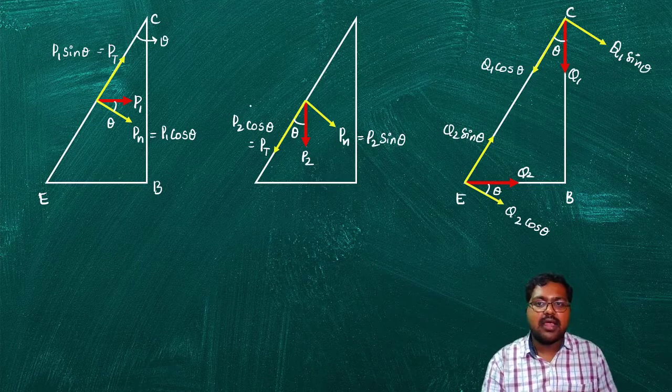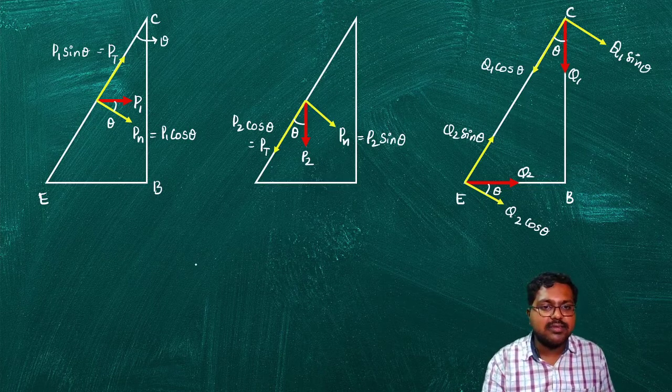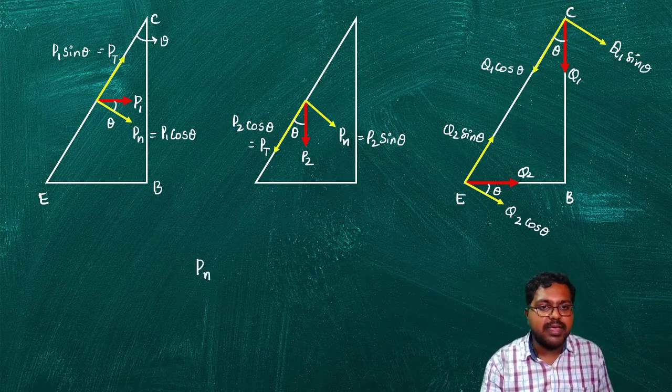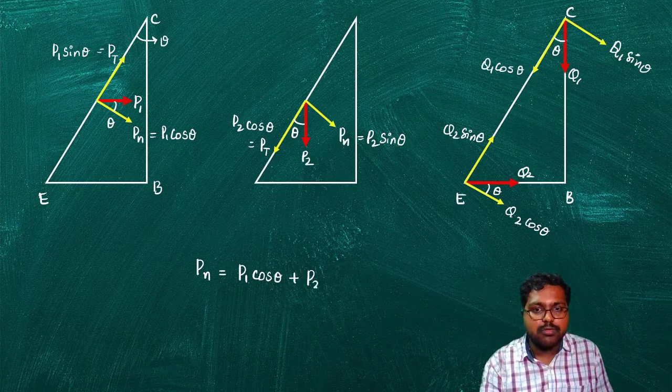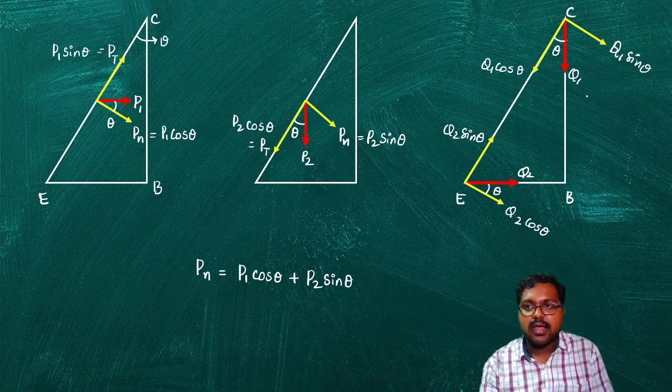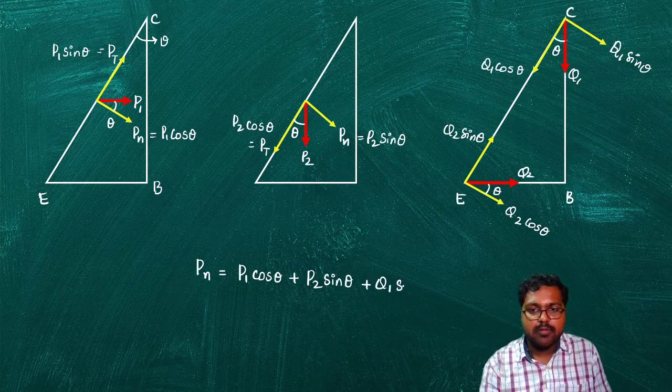So from here I am simplifying all these normal forces. Pn is equal to first P1 cos theta, plus P2 sin theta, and then Q1 sin theta, and at last Q2 cos theta.